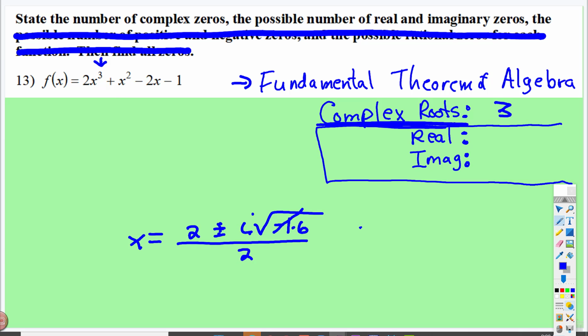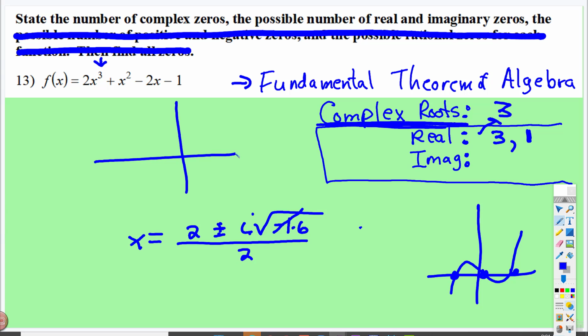The complex roots have to add up to 3, so they can be real or imaginary. The real will always follow the imaginary. But because imaginary roots come in pairs, count down by 2, so 3 subtract 2 is 1. So there's either going to be 3 real roots, and 3 real roots would look like this, or there could be 1 real root, and maybe that graph would look like this.